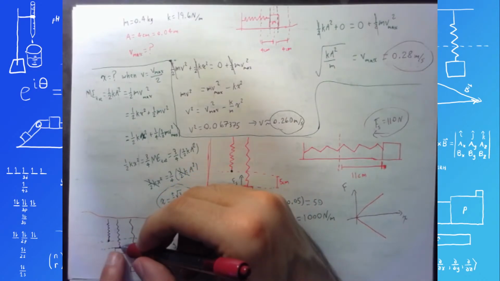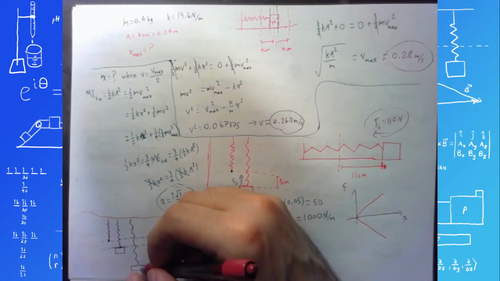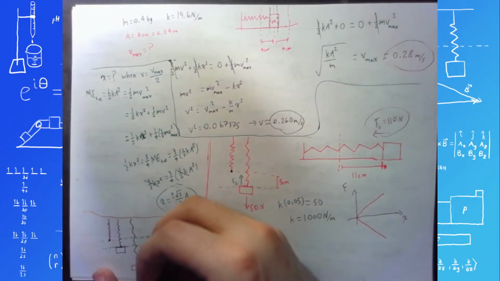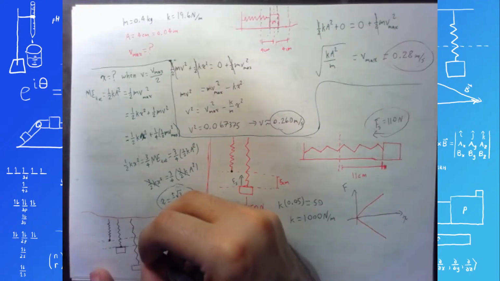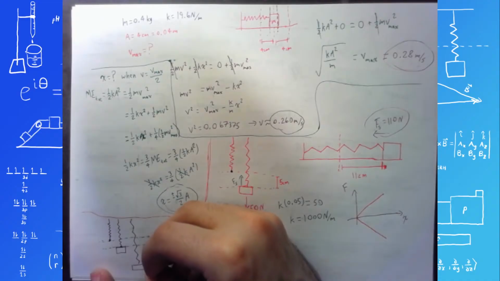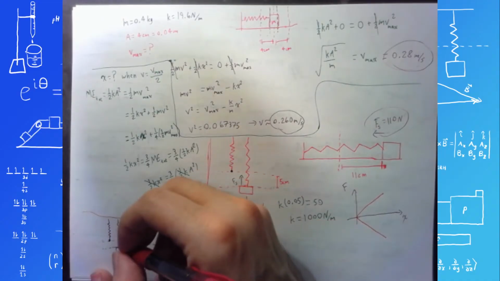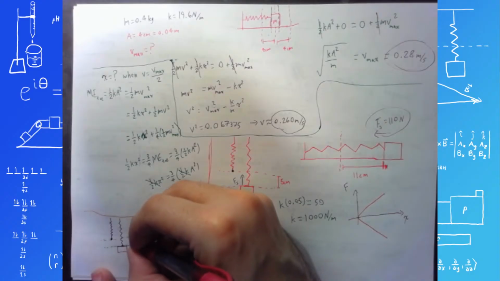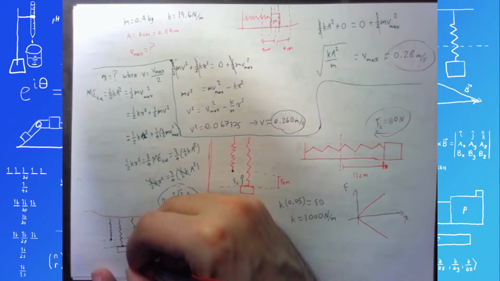And if I pull this thing down further from here and then let it go, I let it oscillate. Then I basically have two different displacements I could use. I could use this, or I could use the displacement from the original equilibrium position all the way up here.